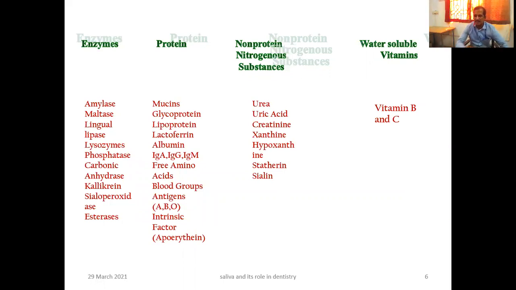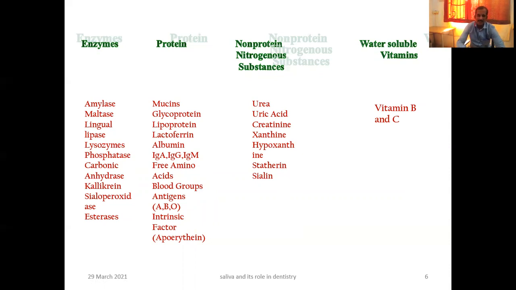The primary thing you should remember is the salivary amylase. Then the proteins: the mucins, the glycoproteins, the lipoproteins, the albumin, IgA, IgG, and IgM, free amino acids, intrinsic factor. These are the protein part of the saliva.